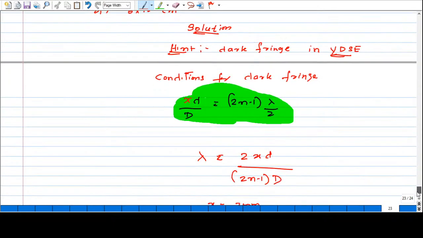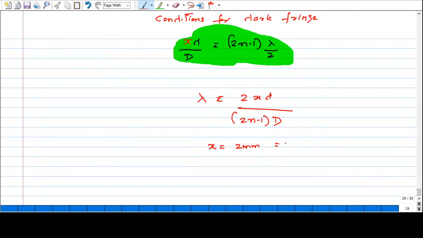Then you can write as 2 mm, which is equal to 2 into 10 power minus 3 meter. And the value of distance d has been very clearly given, that is 0.9 mm, that is 0.9 into 10 power minus 3 meter. And n is given as 2, second dark fringe.